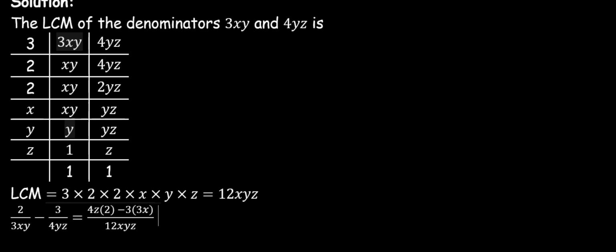So 4yz divide your 12xyz, the result will be 3x, as you have that at the numerator. Then when we open up the bracket, you'll be left with 8z minus 9x divided by 12xyz. We can simplify further, and that is our required result.